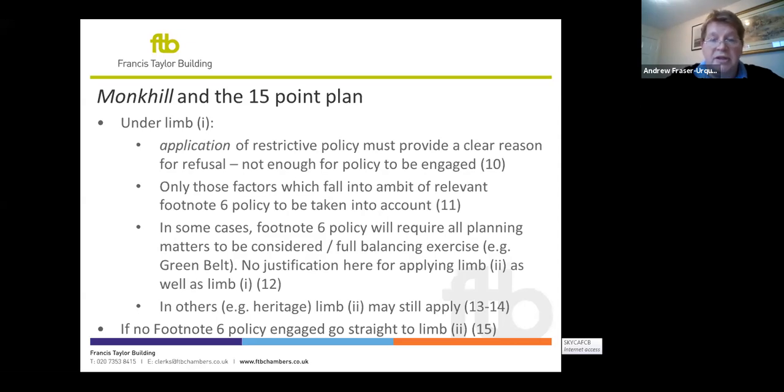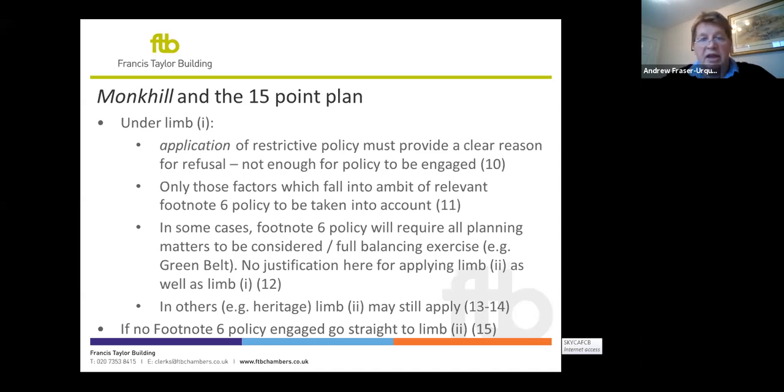If you are in a circumstance then when the relevant development plan policies don't exist, or the most important policies are out of date, if any of those considerations apply, so that the whole of paragraph 11 is engaged, there's no footnote 6 policy, you skip over limb 1 because there's nothing to apply it to, you go straight to limb 2 and you apply the tilted balance.